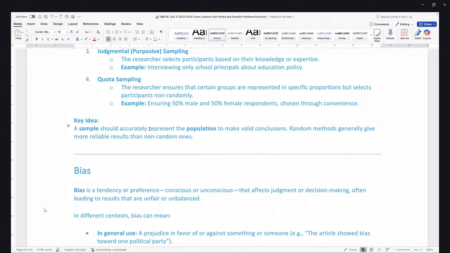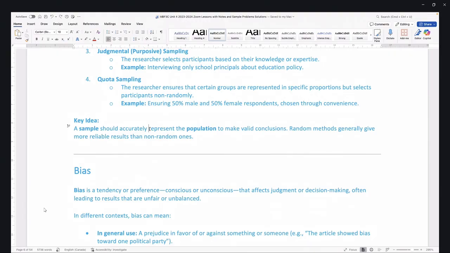So your sample doesn't represent the population. You should only be interviewing grade 10 students if that's what you're interested in. Grade 10 students, that's your population. So your sample must come from your population. You can't be picking people outside of that group.